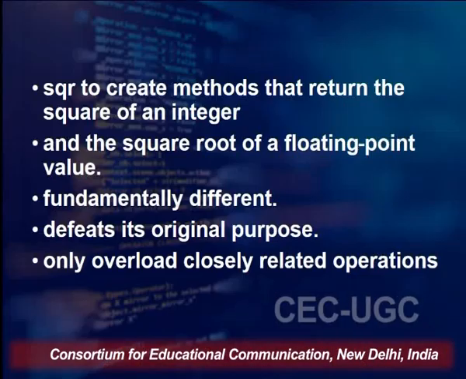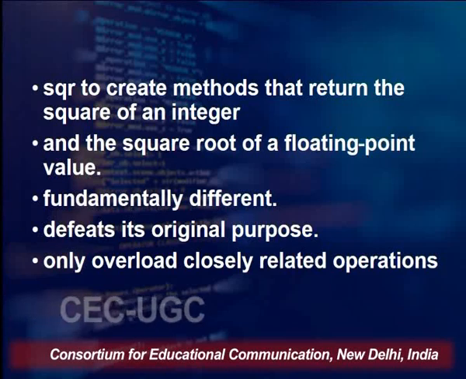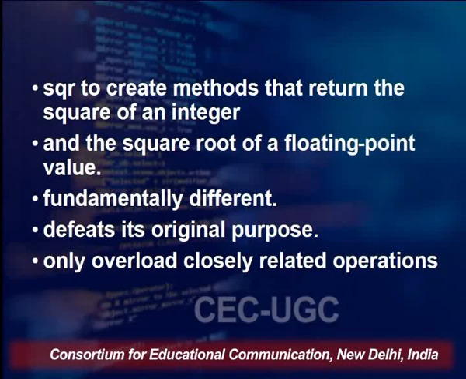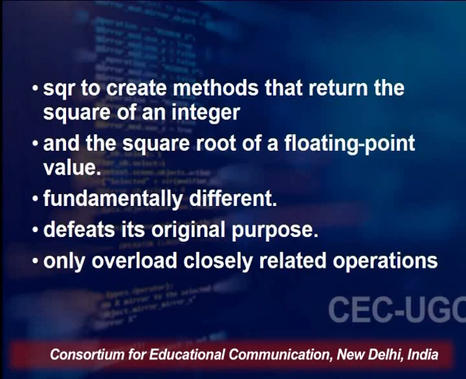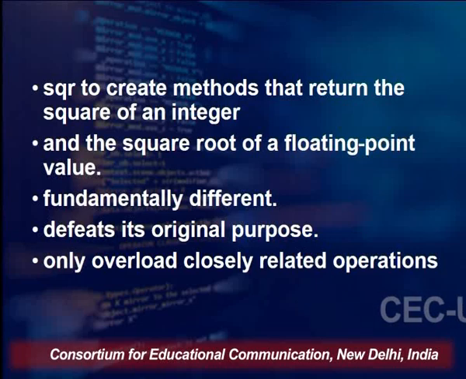So let us first understand the scenario I am talking about. For example, I have one method, let us name it SQR. I create one version of SQR that returns the square of an integer, while the other version of SQR returns the square root of a floating point value.